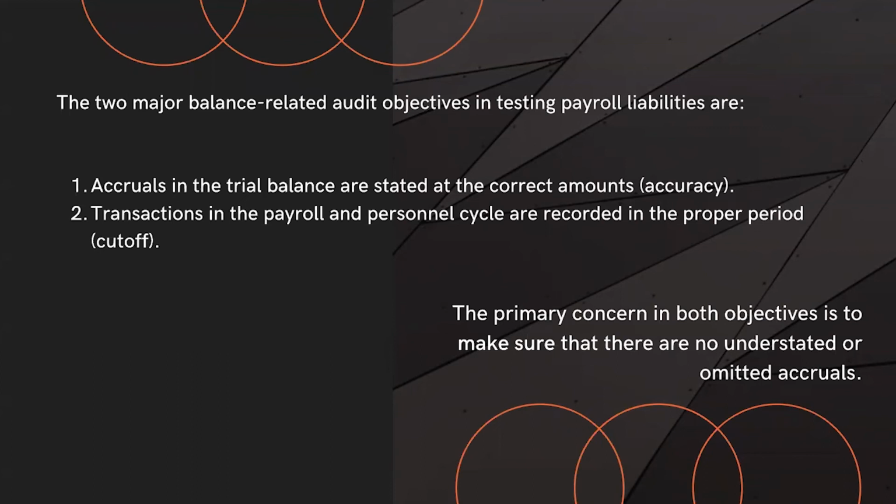The two major balance-related audit objectives in testing payroll liabilities are, first, that accounts in the trial balance are stated at the correct amount, which is accuracy, and second, that transactions in the payroll and personnel cycle are recorded in the proper period, which is cutoff. The primary concern in both objectives is to make sure that there are no understated or omitted accruals.